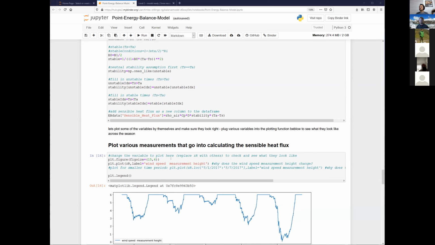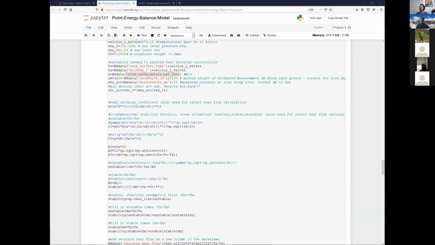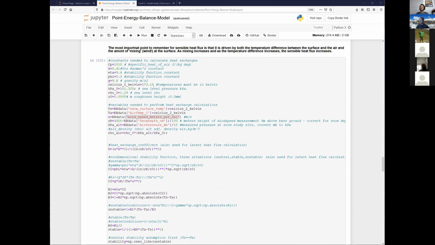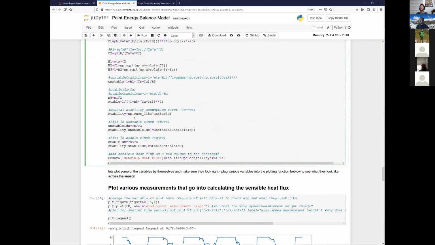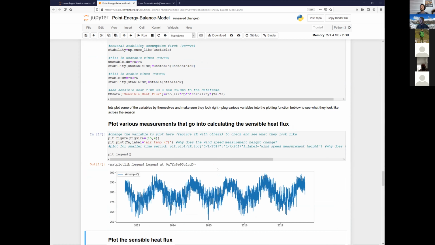Now, if we want, we can look at any other variable that we have here. Let's say we want to look at the air temperature. We can take the air temperature variable and plug it in here. Go ahead and in your lab sessions, you can click around and plot any of the variables that are used to measure sensible heat, and you can run the graph for them.